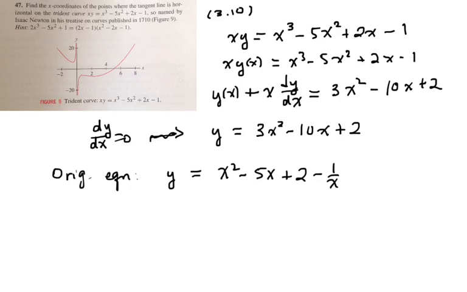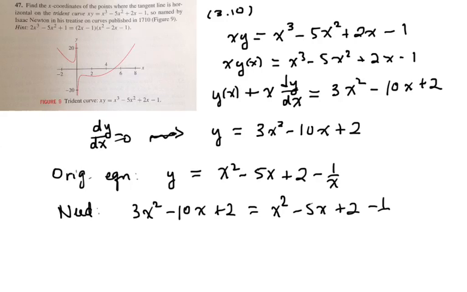And so if we want both that the derivative will be equal to 0 and that we'll be on the original curve, we need 3x squared minus 10x plus 2 to be equal to x squared minus 5x plus 2 minus 1 over x.